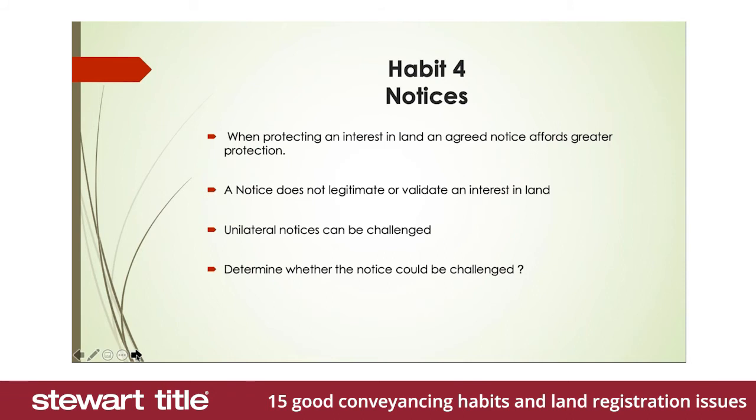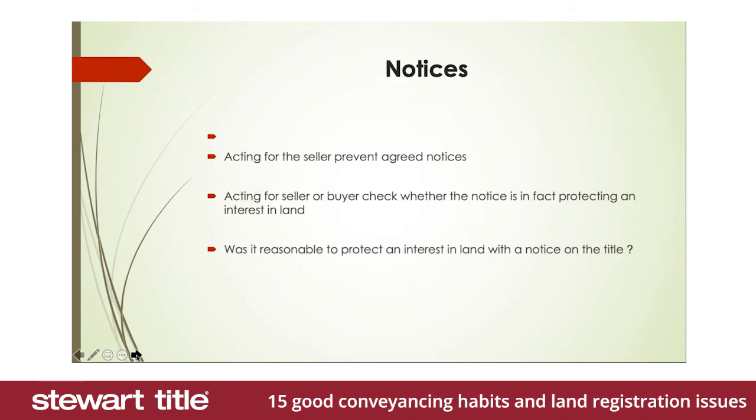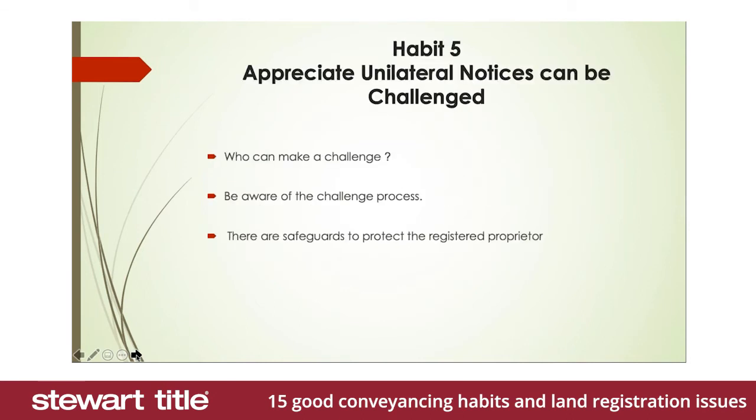In the notes, item 5, I say, remember that we can challenge unilateral notices. As far as that challenge is concerned, I've identified who can make the challenge. It's a relatively simple process. And as far as challenging unilateral notices is concerned, there's also a fundamental point, namely, a notice on a registered title does not validate or legitimize an interest in land.